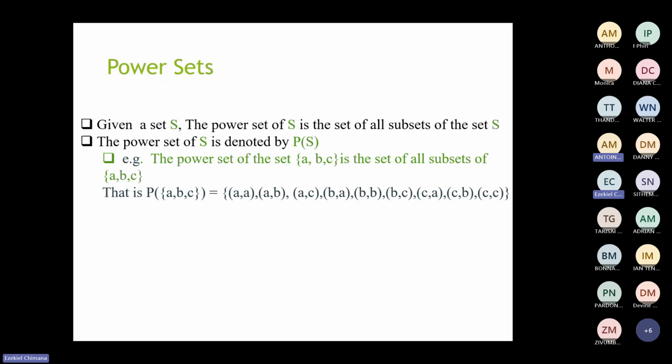Okay, my question to you, the presenter, and your group is: what is the formula for getting all the subsets that we must have in our power set? What is the formula for getting the total number of all the subsets that we can get from our set?